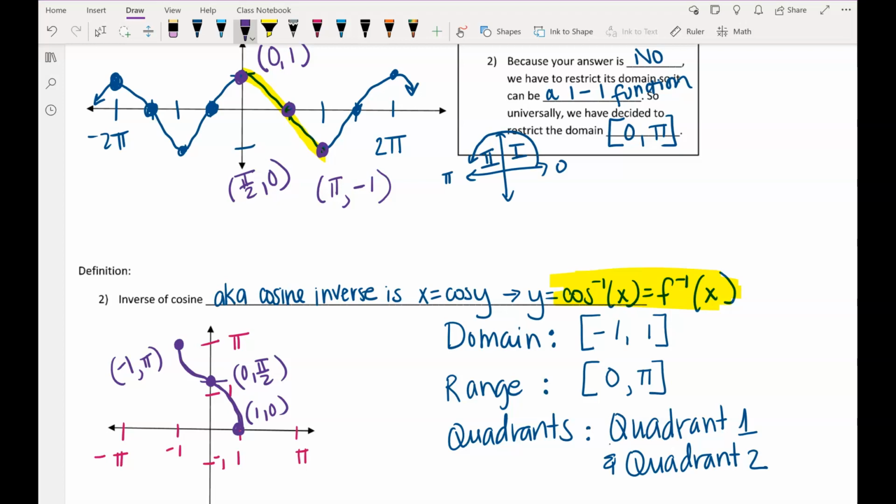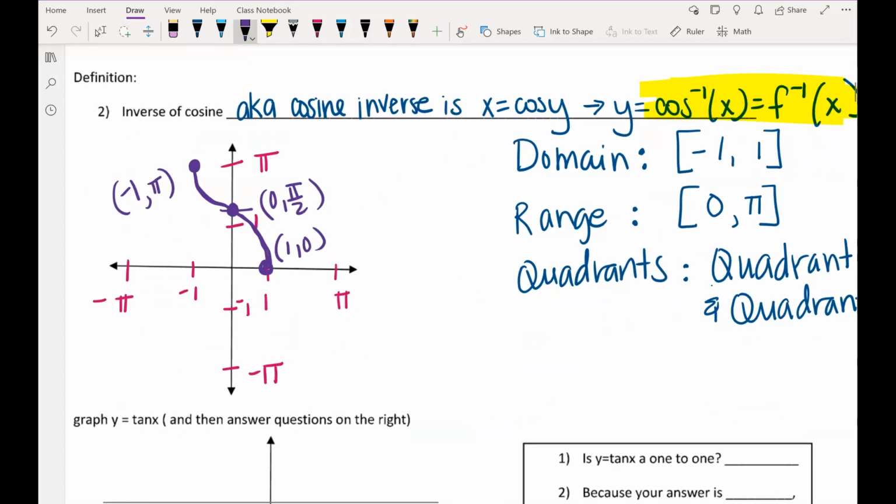No arrows at all, okay? So now check it out. Let me move it up really quickly to verify the domain and range. Students, is your domain from negative 1 to 1 on the inverse? Is your range starting from 0 and stopping at pi? Yeah, they have to match, okay?